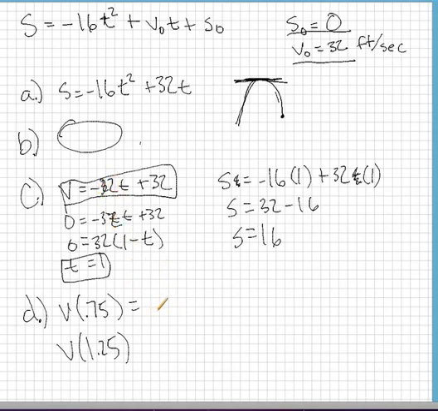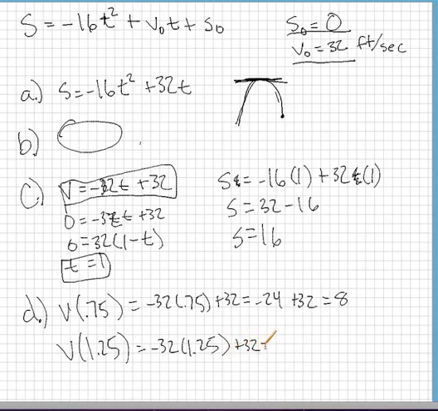So negative 32 times 0.75 plus 32 is going to be equal to negative 24 plus 32, which equals 8. And this is going to be the same thing: negative 32 times 1.25 plus 32 is going to equal negative 40 plus 32, which equals negative 8.